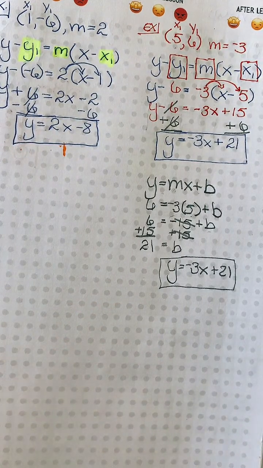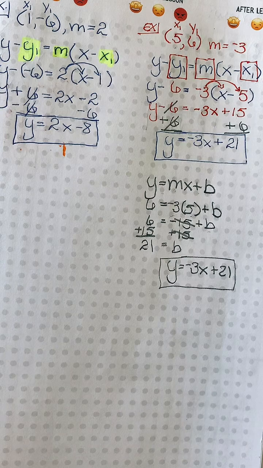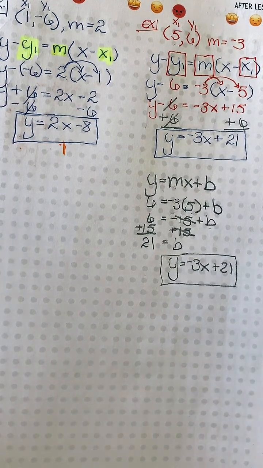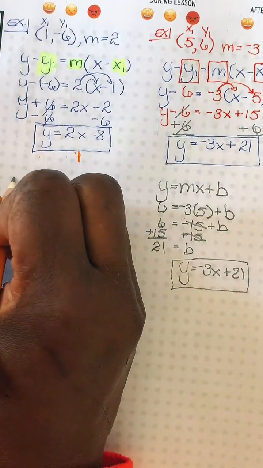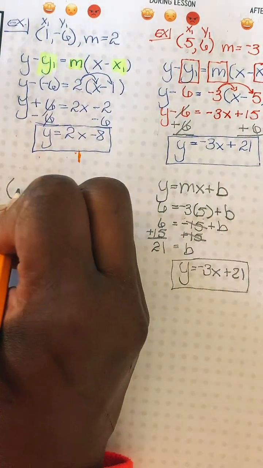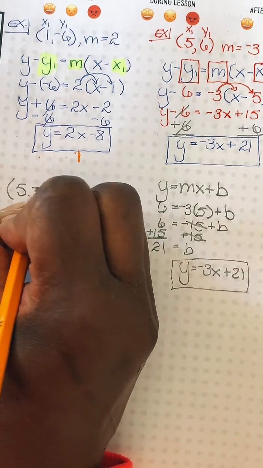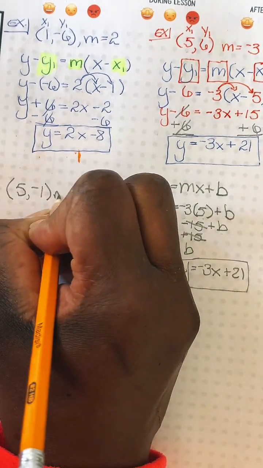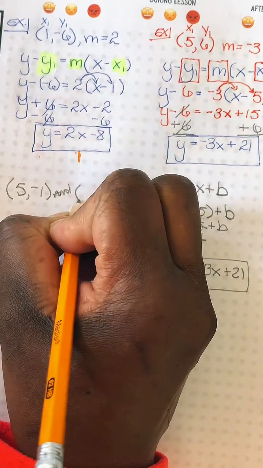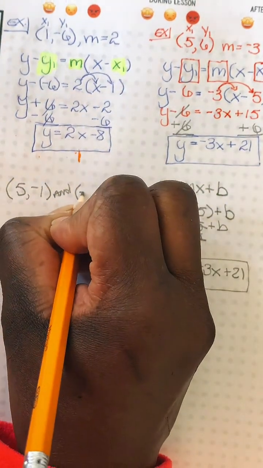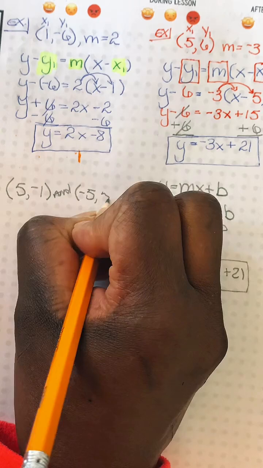Now, what happens if they give you 2 points and they ask you for the equation of the line? Okay. So, bam. If they're saying that here is 5, -1, and they're giving you -5 and 5.